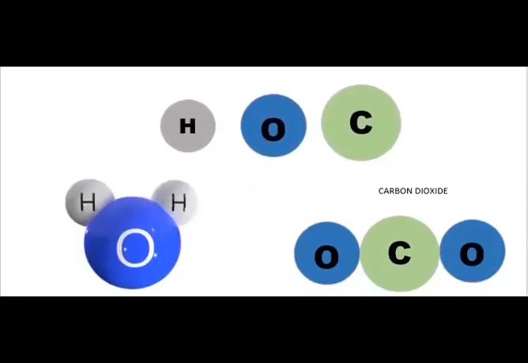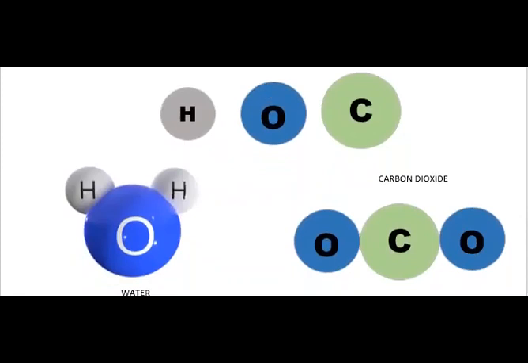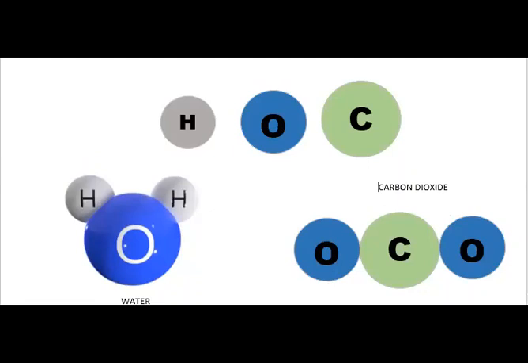Just a few other examples here. Let's look at how we form certain substances. Over here we have hydrogen, then we have oxygen, and we have carbon. C stands for carbon. If we wanted to make water, we just have to take 2 hydrogen atoms and oxygen, we bond those, and we form a molecule of water.